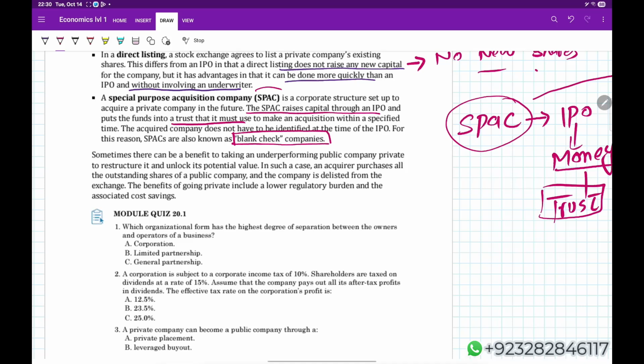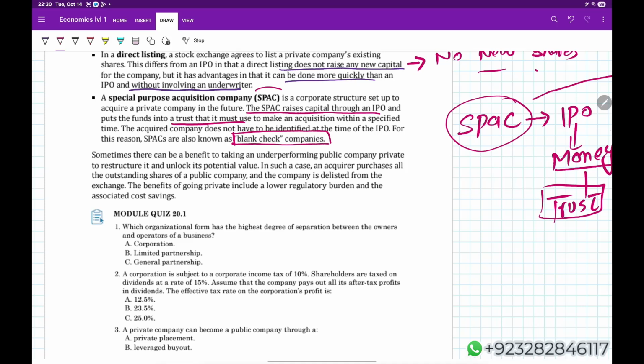The company is loss making, so they think it's better to remain in the market but as a private entity, because the listing requirements, compliance requirements, regulatory requirements and public scrutiny will be gone or very much lower, right? That is a reason a listed company wants to become a private company.